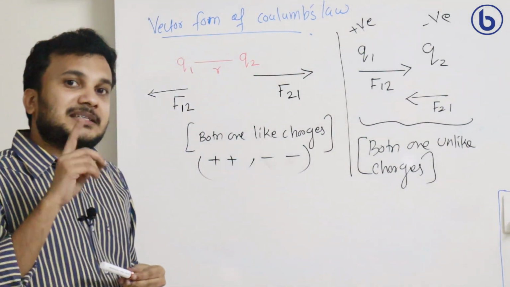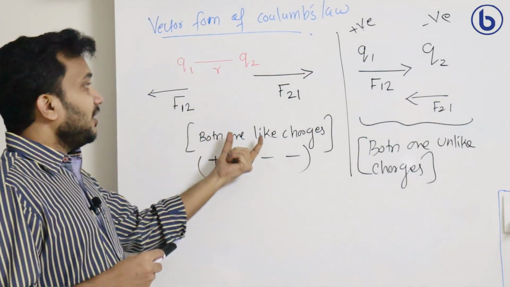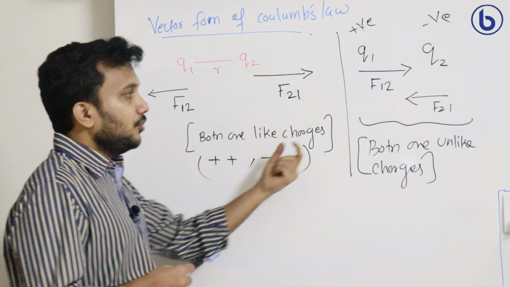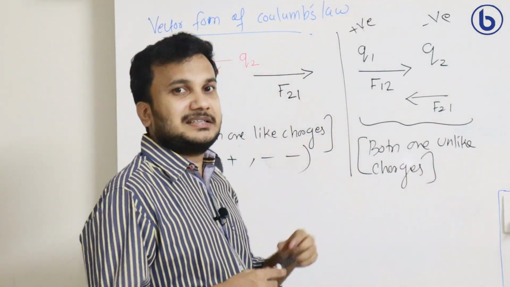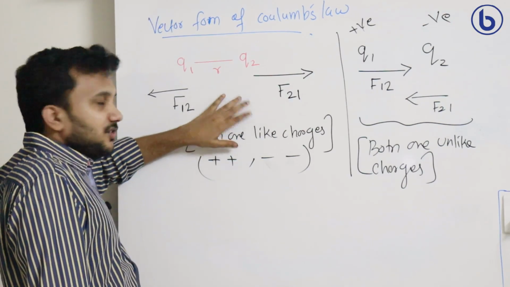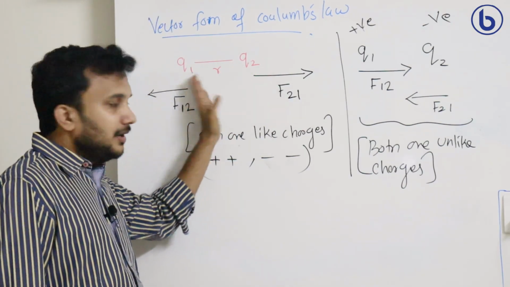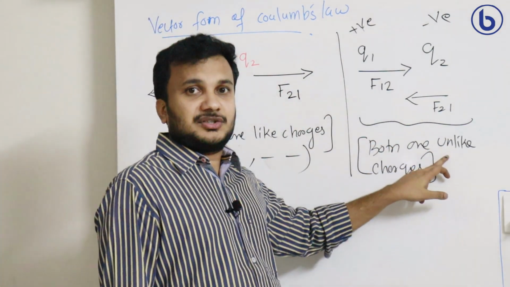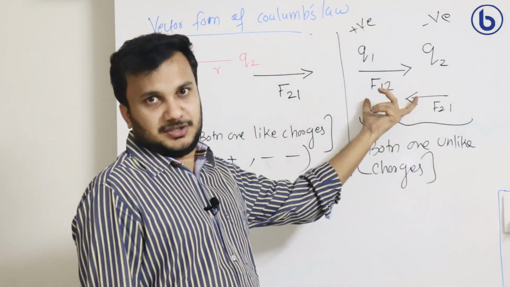Now there is one similarity between the like charge case and the unlike charge case. What is the similarity between these two? If both are like charges, the forces are in opposite direction. But if both are unlike charges also, forces are in opposite direction.